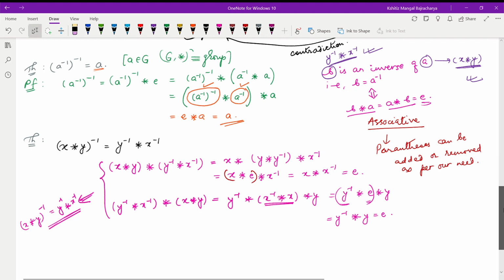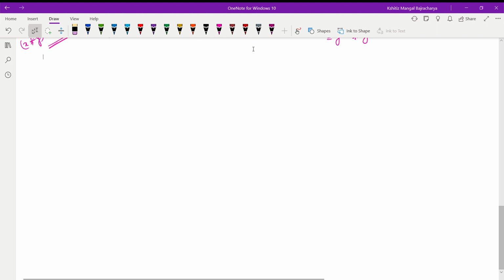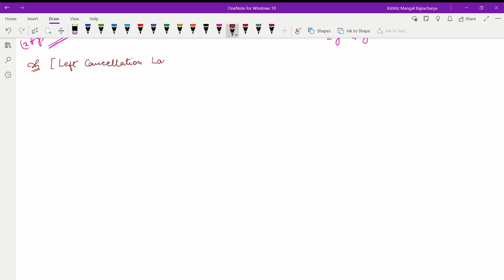And let's look at the other properties. One of the most interesting properties is the cancellation law. Alright, left cancellation law.